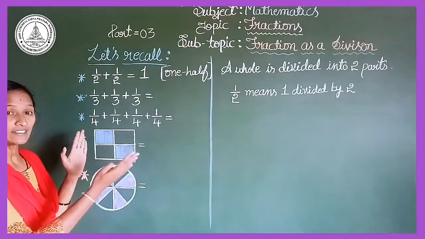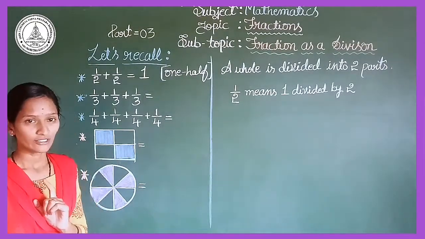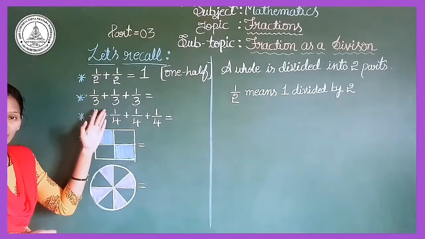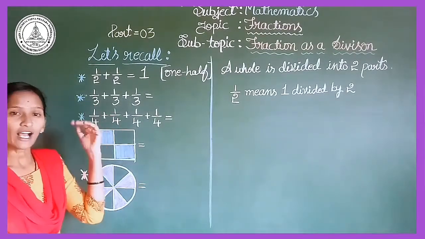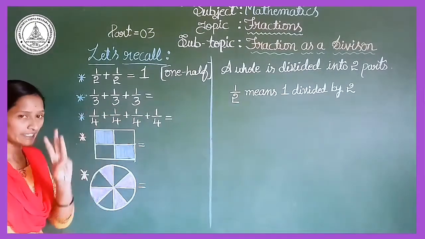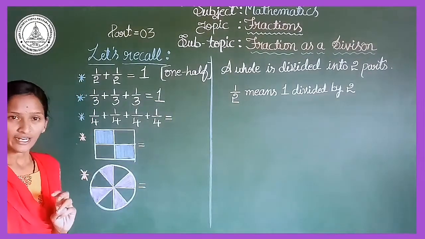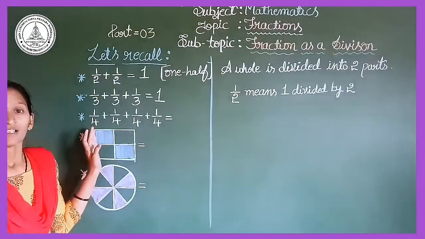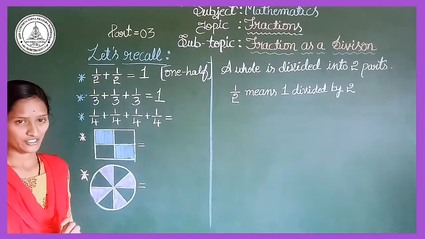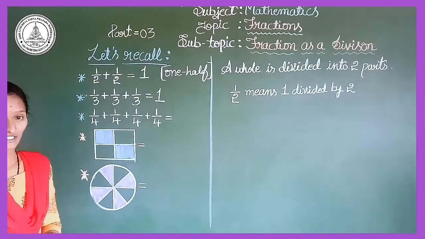If you add these three parts, again you get one whole, right? So in 1/3 fractions, three parts make one whole. So this is the 1/3 fraction, right?